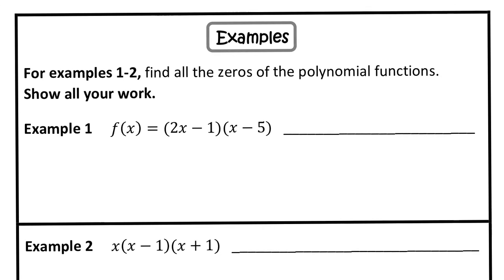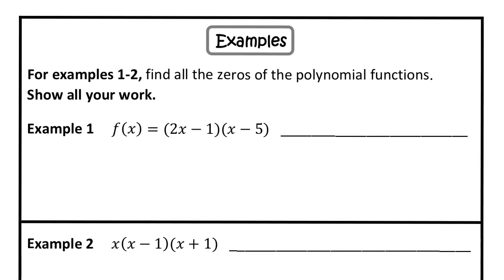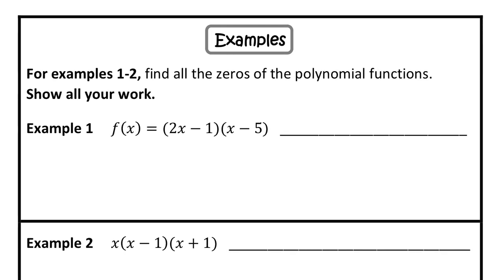Zoom in a little bit more. Oh, too much. Okay. So it says for examples 1 and 2, find all the zeros of the polynomial functions. Okay. So to find the zeros, we're going to set each part equal to 0.